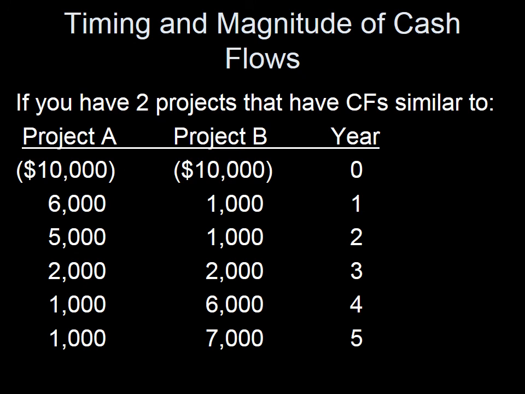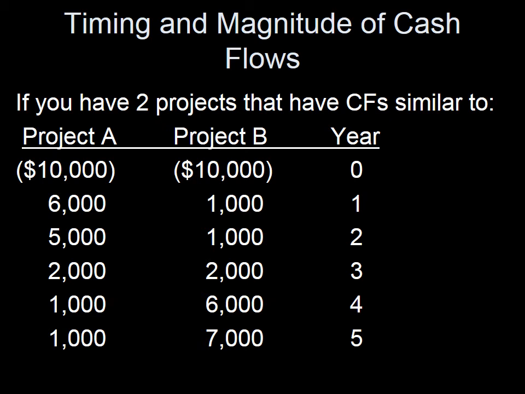Here I have 2 projects, Project A and Project B. And you will note that they both cost $10,000, but you should also note something that's very different about the net benefits associated with both of those projects. If you look closely, you'll see that Project A has most of their benefits at the front end of the project, right? You get $6,000 in year 1, and then the cash flows go down to as low as $1,000 by year 4.